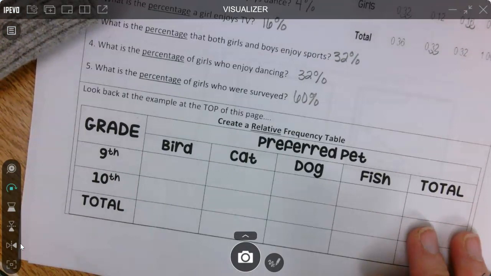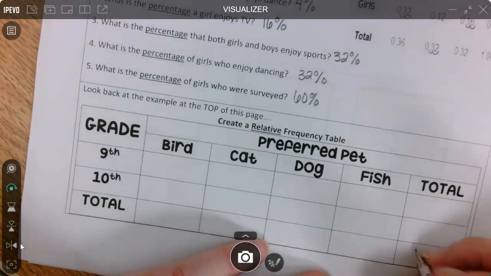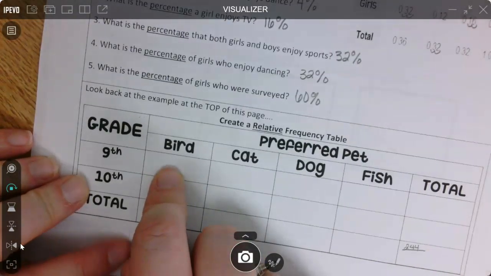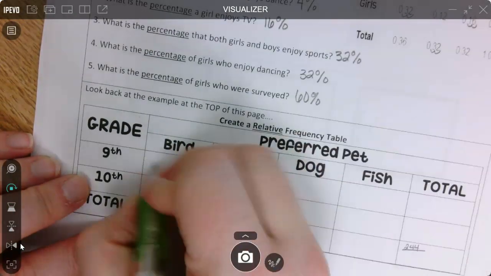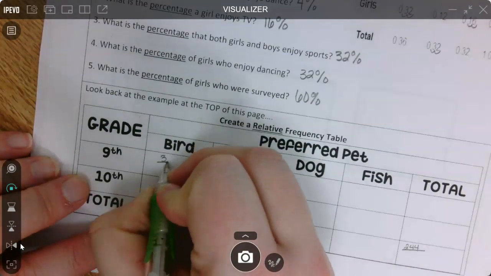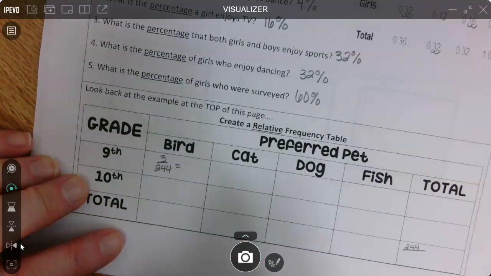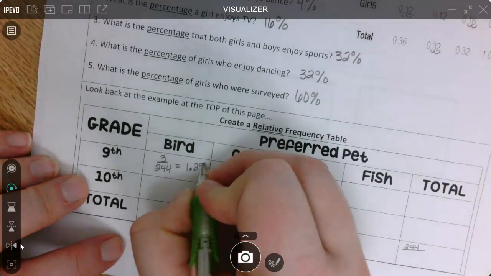So I want us to know that the total is 244. Okay. So how many birds were there? There were 3. So what is that out of the total? 244. So 3 out of 244 gives you 1.2%.